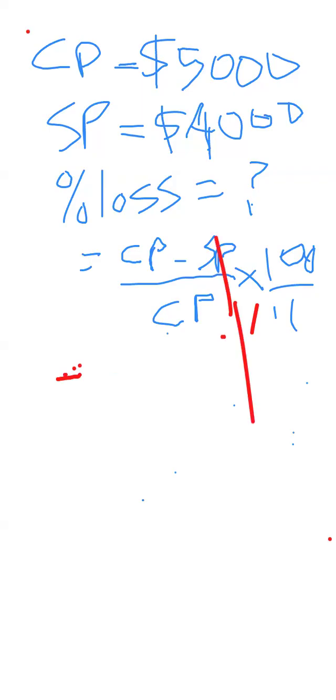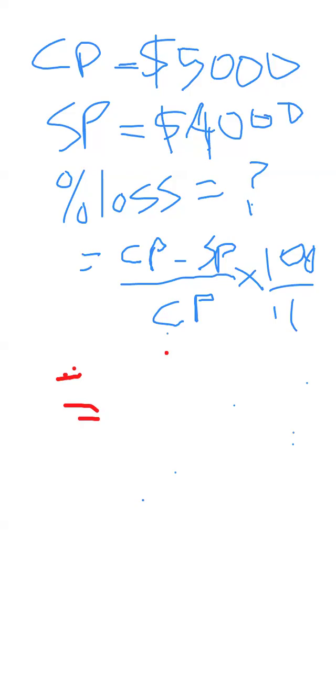Like I said, okay, so what's that? I'm not too sure why that is happening. All right, let me go back to it. Okay. So I have, now, what's the CP? The CP is 5,000, right? Okay.